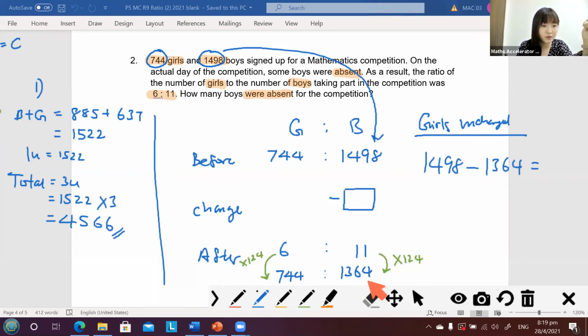So your final answer would be, yes, 134. I see some of you calculated wrong. You all press properly, 134. Imagine you're almost getting to the answer, then you press in the calculator wrongly. Very wasted. So you be very careful.